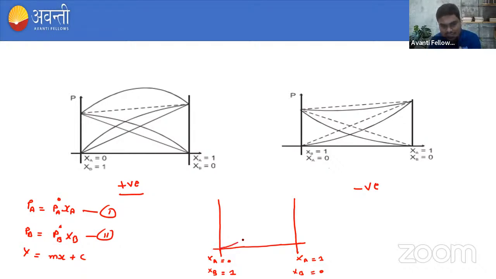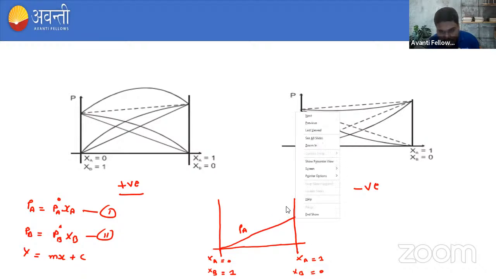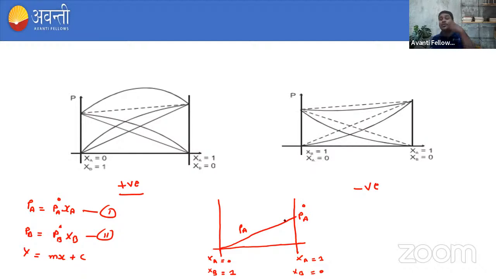Yes, we can draw like this. So this is for PA. As the value of XA increases, at this point XB is 0. Here only component A is present, so at this point the pressure is P naught A, because this is the pure vapor pressure.